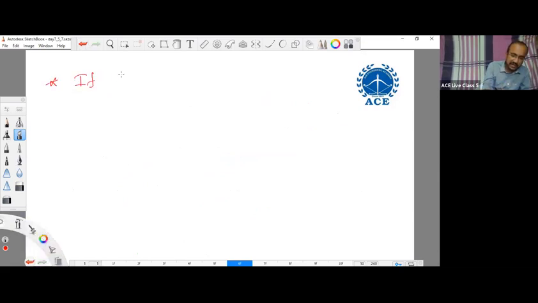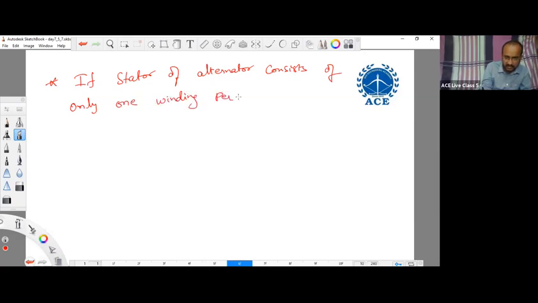If the stator of the alternator consists of only one winding per phase, interturn fault protection is done by the watt hour relay. Understood my point?